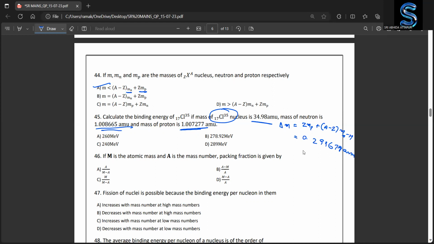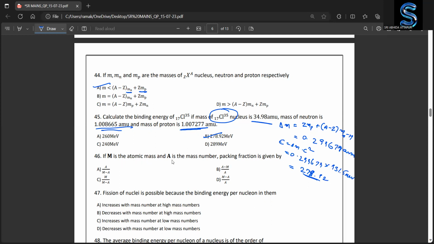Then the energy can be given as delta M into c square, or it can be represented as 0.29967 into 931.5 mega electron volts. On simplifying, we get 279.92. Approximately, we can represent it as 278.92. So option is 2.